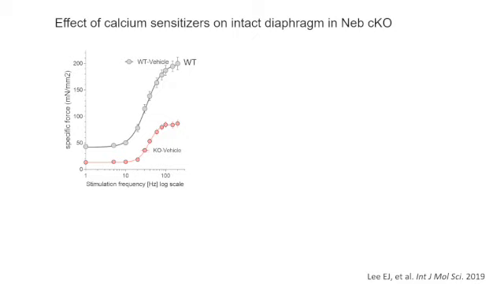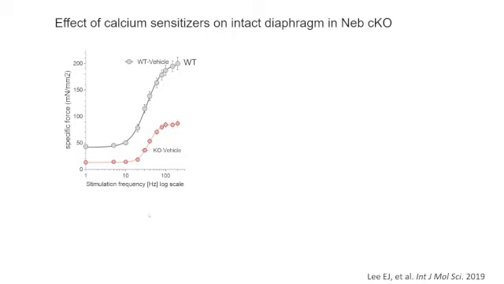You can see that in the conditional Nemaline knockout, these diaphragm muscle strips produce much less force, particularly at the low to intermediate frequencies. Force production is on the order of 20% of controls.